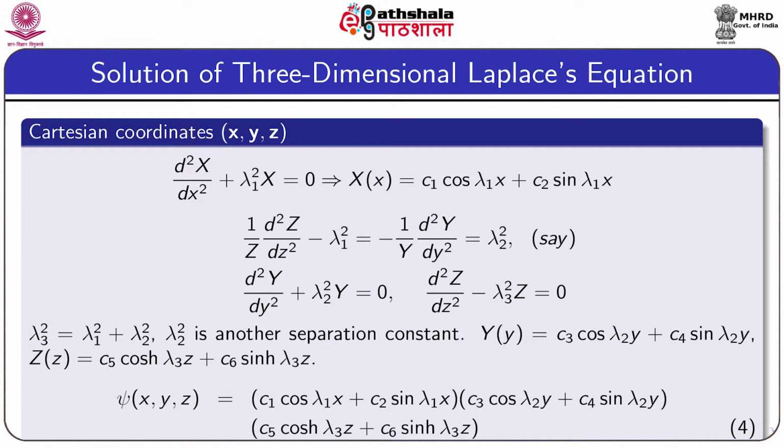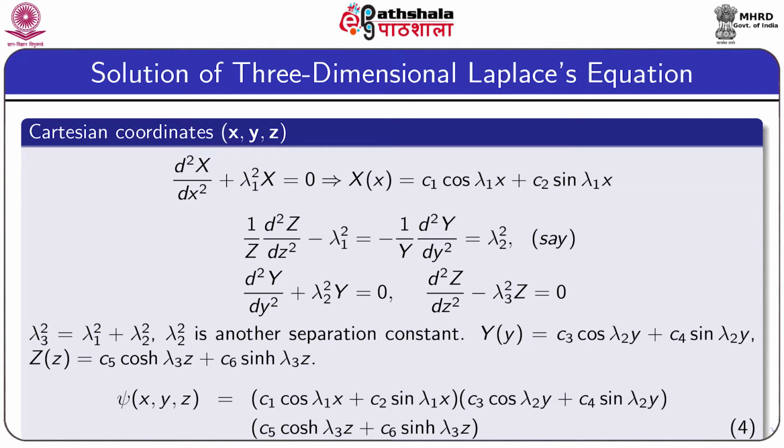Now, our target is to separate the functions capital Y and capital Z. For that purpose, we take the expression 1 by capital Z d2Z dz square minus lambda 1 square on the left hand side, and its value is equal to minus 1 by Y d2Y dy square. Now, let us choose another separation constant lambda 2 square.